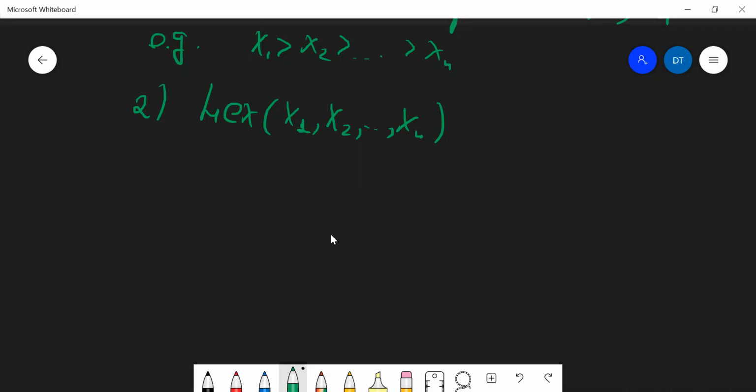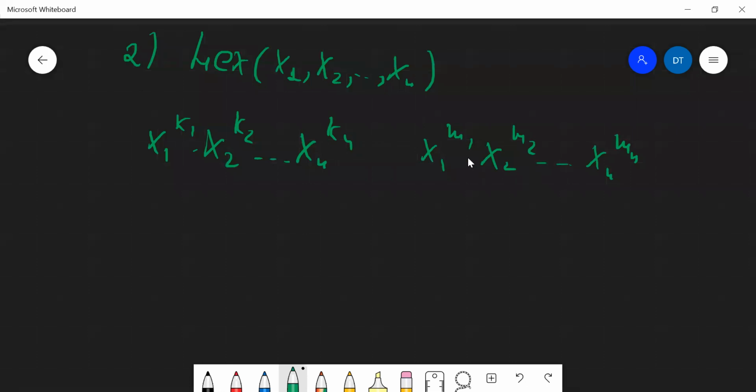Suppose we're given a pair of monomials, x1 to the k1, x2 to the k2, etc., xn to the kn, and also another, not necessarily different, monomial, x1 to the m1, x2 to the m2, etc., xn to the mn.